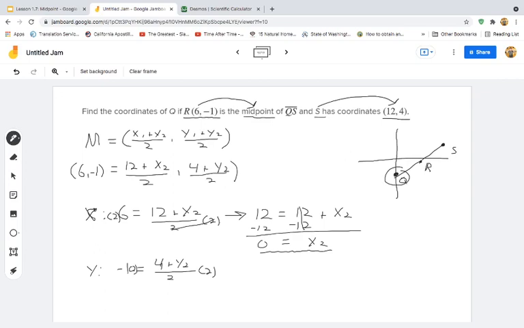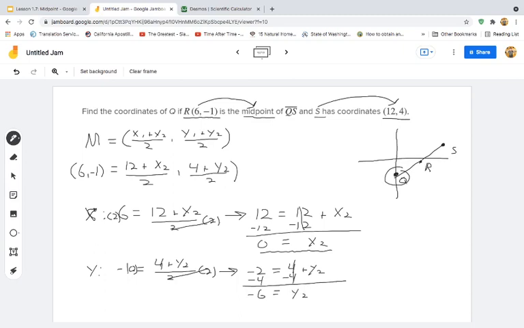So -1 times 2 is going to be -2, which equals, those two cancel out. We're left with 4 plus y2. Lastly, we will subtract 4 from both sides. And so we're left with -6 equals, those cancel out, y2.